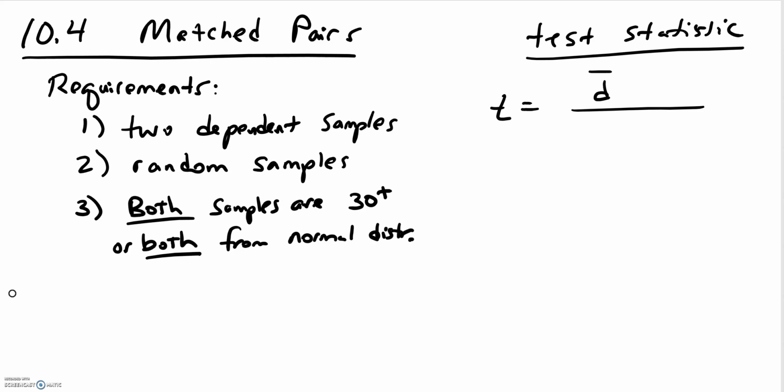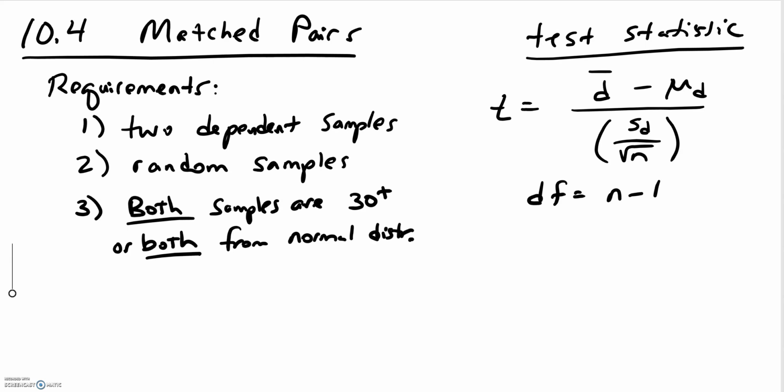We'll need to review chapter 3, and we'll compare that to what we think the population difference is. All of that will be taken in relationship to the standard deviation of those differences divided by the square root of n. Remember, when we use the t-test, we have degrees of freedom. Again, degrees of freedom will be n minus 1.